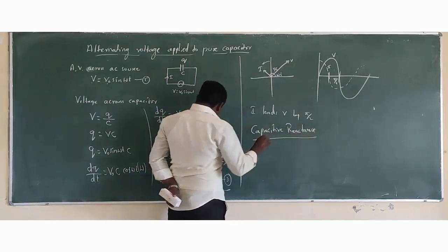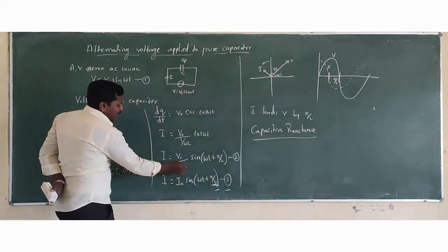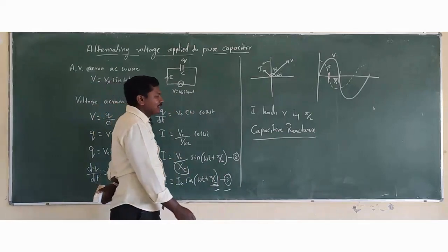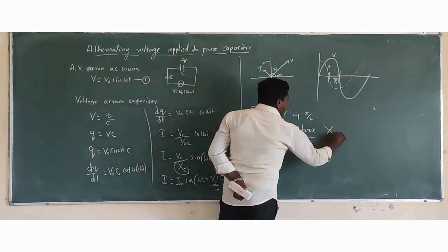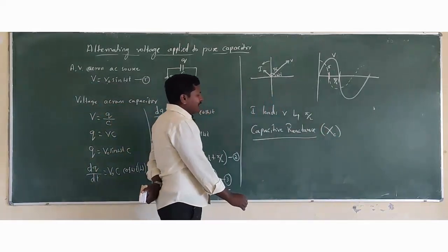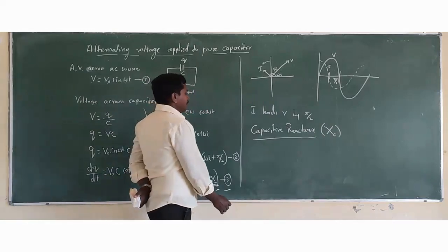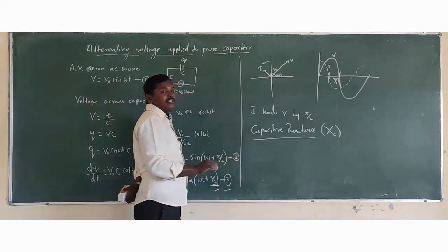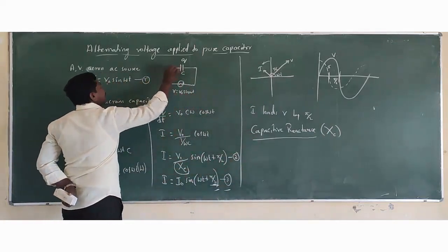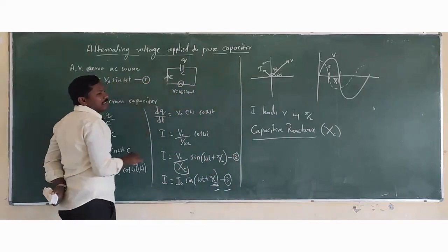So we took equation number 2, and this represents the capacitive reactance. The capacitive reactance chi C is nothing but the effective opposition offered by the capacitor to the flow of alternating current.